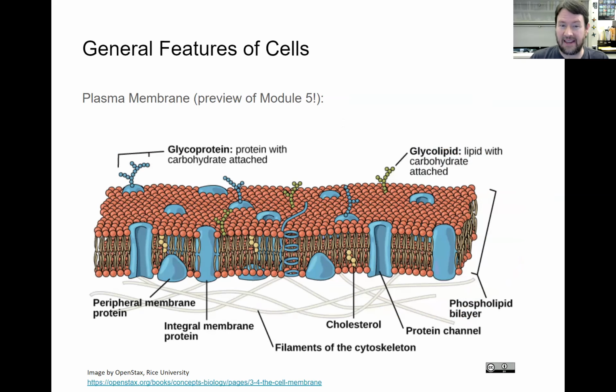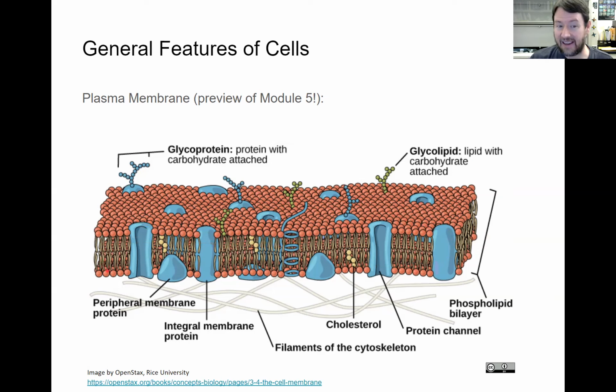The plasma membrane is actually really, really interesting because it is this barrier that needs to let certain things in and out and other things it needs to keep out. And it needs to keep the water inside the cell separate from the environment outside of the cell. So to do that, there is a bunch of lipids, and they're actually specialized lipids called phospholipids, which make up most of the plasma membrane.